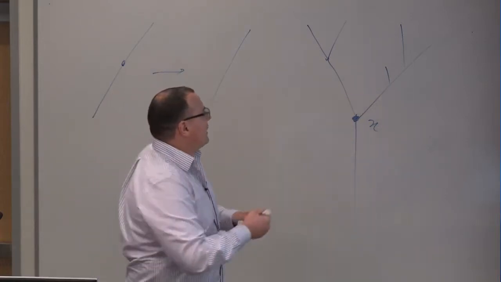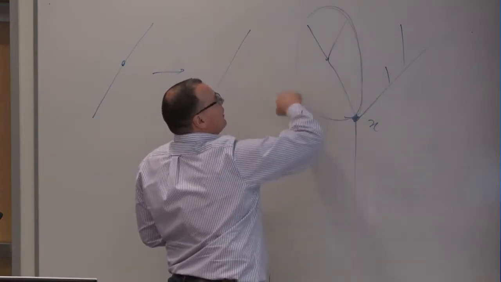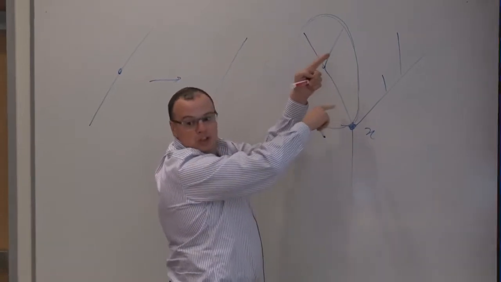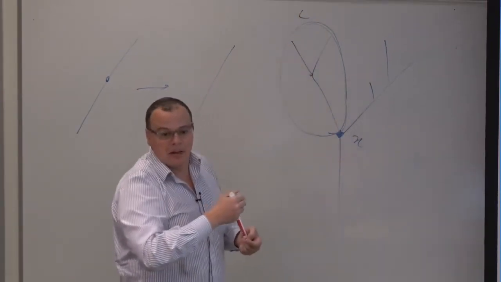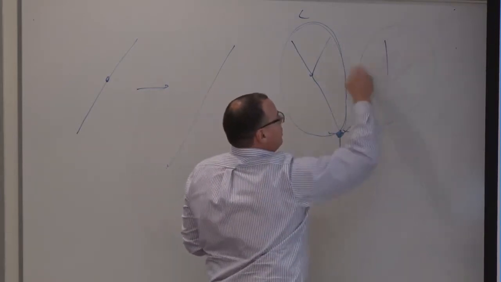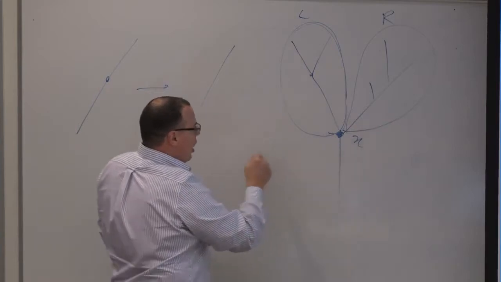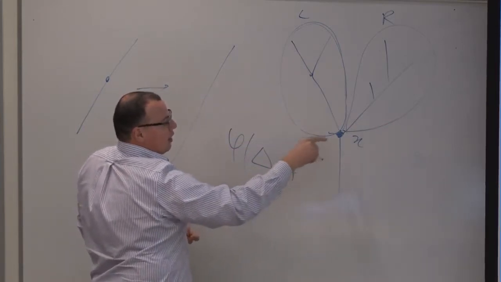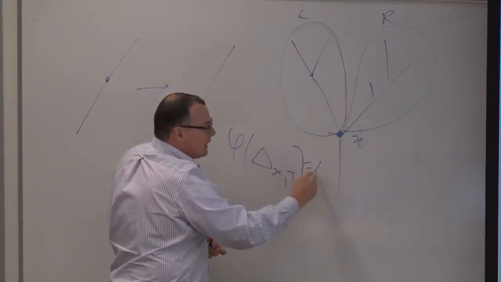Now imagine that you calculate the length of the left branch, right? Let it be L, okay? And the length of the right branch to be R, but the length of the tree above x, which includes left and right, is going to be L plus R.